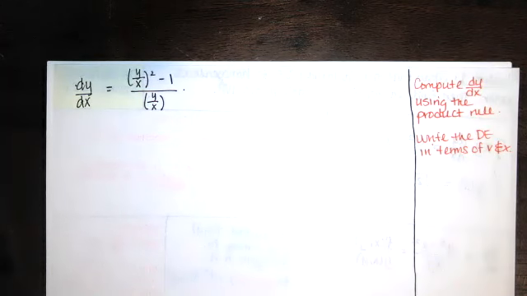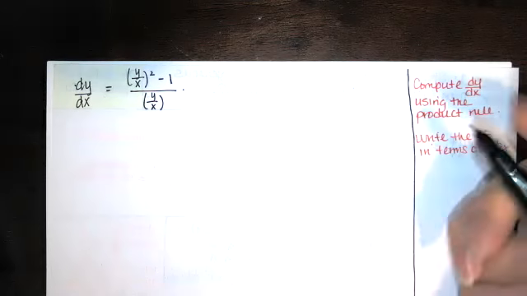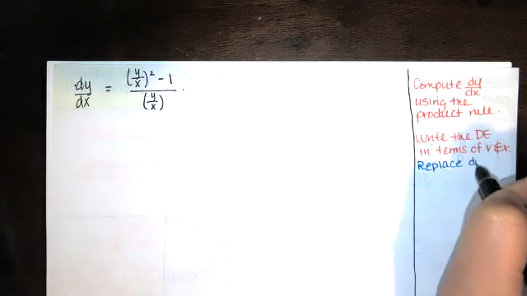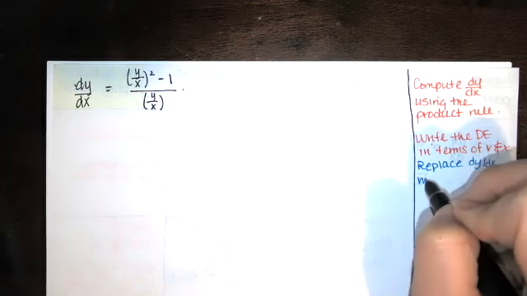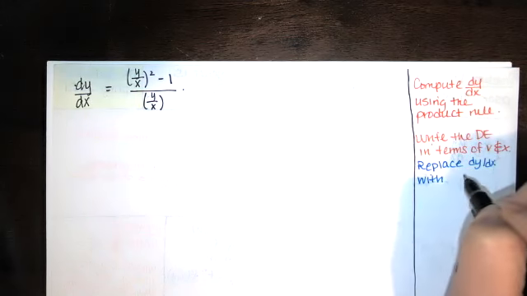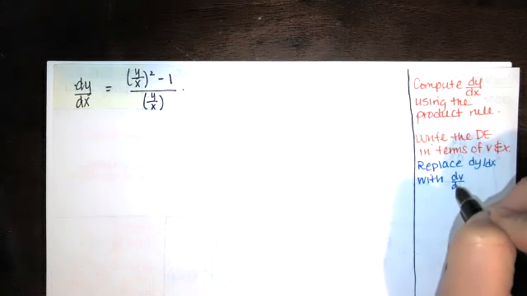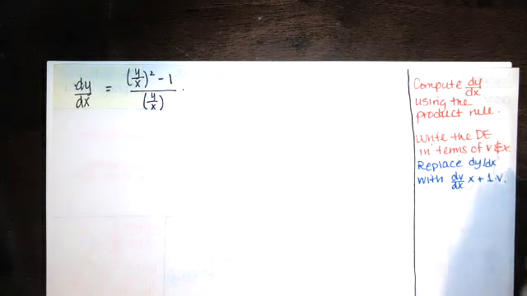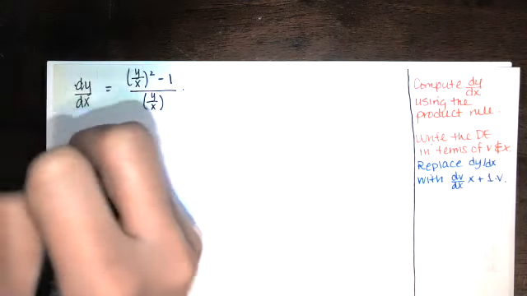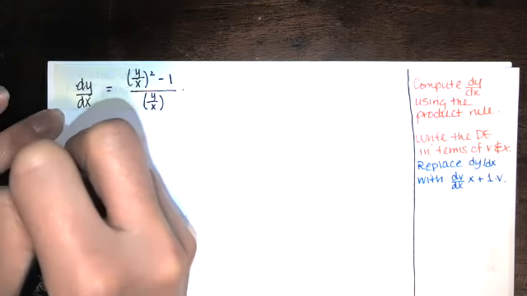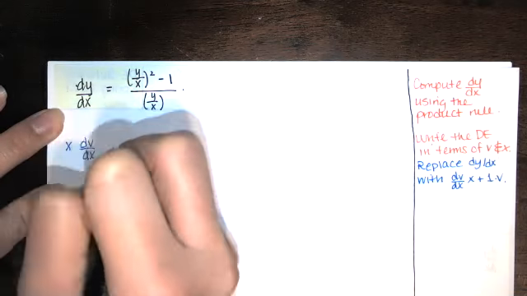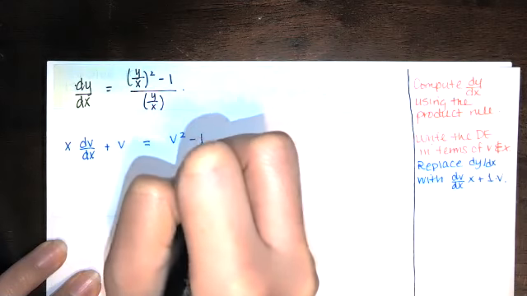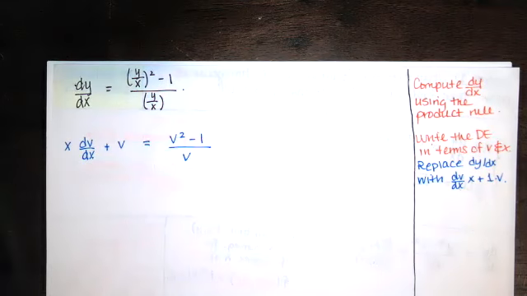Well, in order to do that, we're going to replace dy dx with the derivative of the first times the second plus the derivative of the second with respect to x, which is 1 times the first. So dy dx is the same as x times dv dx plus v, and that's equal to v squared minus 1, all divided by v.